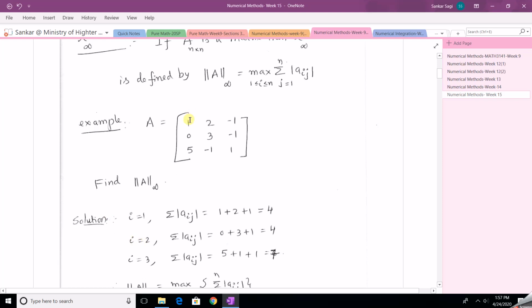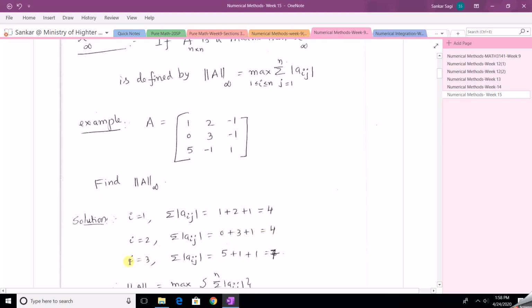Again for the second row we find the sum of the absolute values of the elements. That is 0 plus 3 plus modulus of minus 1, that is 1. So this will be 4.